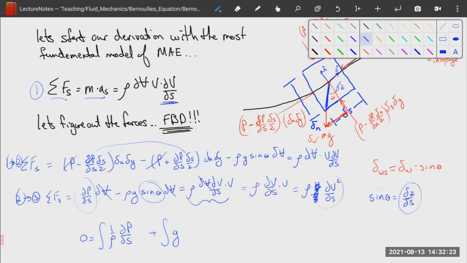And then finally, we add in the integral of d V squared over ds times 1/2. That's what that was. It was a 1/2. I didn't read that right. There's a 1/2 right there.